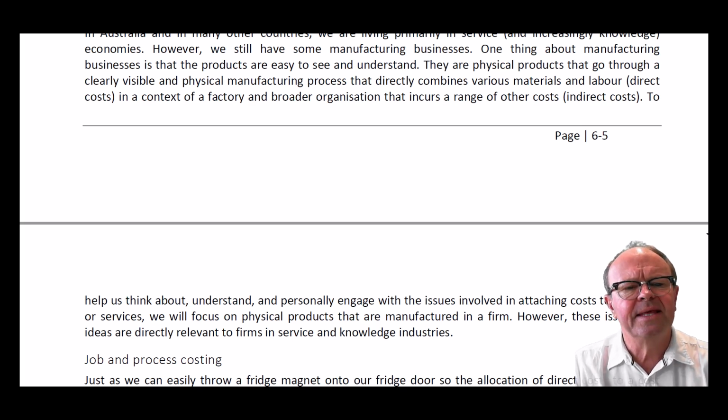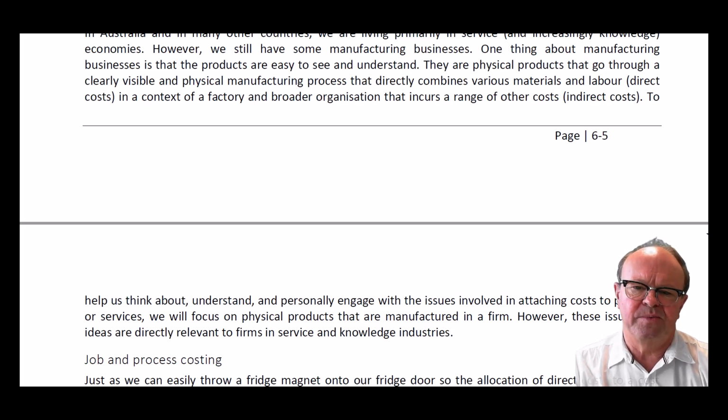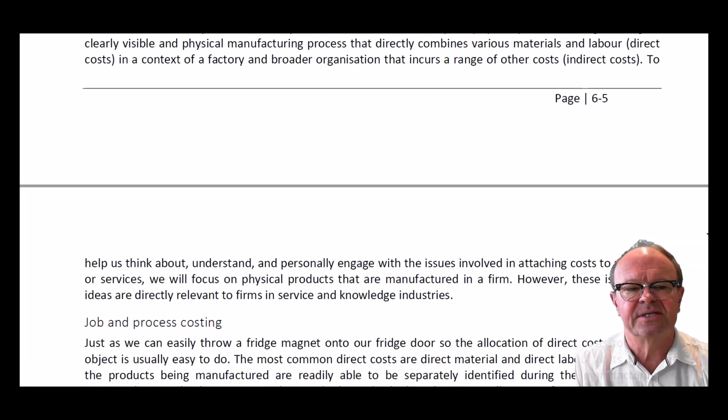To help us think about, understand, and personally engage with the issues involved in attaching costs to products or services, we will focus on physical products that are manufactured in a firm. However, these issues and ideas are directly relevant to firms in service and knowledge industries.